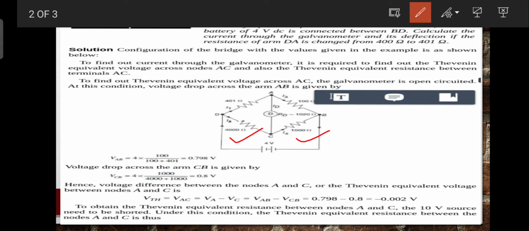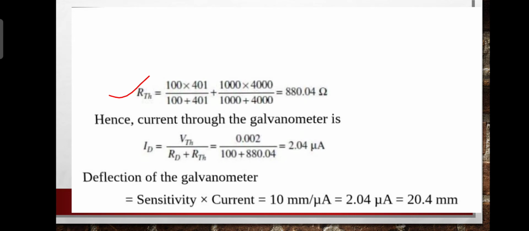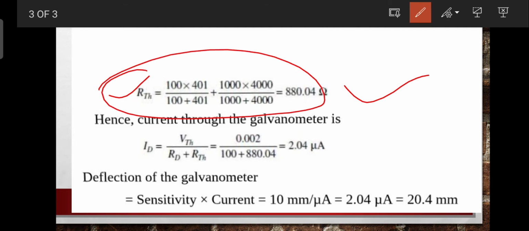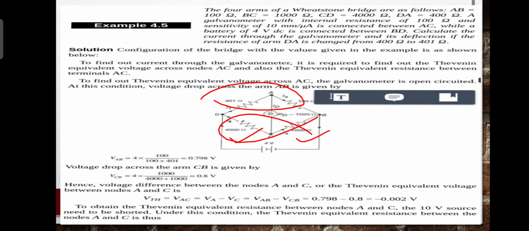These two parallel combinations are in series, so we get 100 into 401 divided by 100 plus 401, plus 1000 into 4000 divided by 1000 plus 4000. By calculating all this, we get 880.04 ohm.